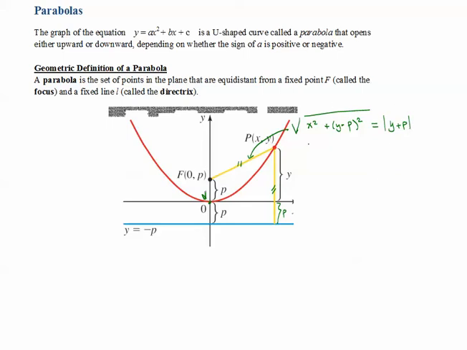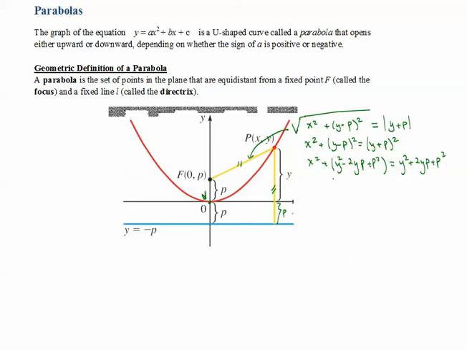If I take this equation and square both sides, we get rid of the square root. So we have x squared plus (y minus p) quantity squared equal to (y plus p) quantity squared, which is y squared minus 2yp plus p squared equals y squared plus 2yp plus p squared.